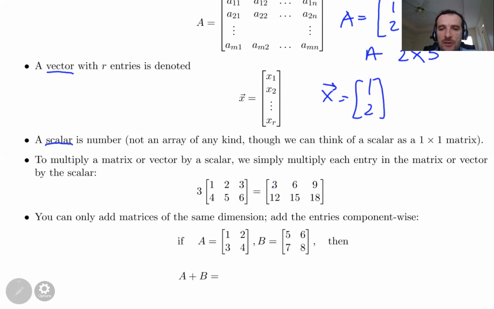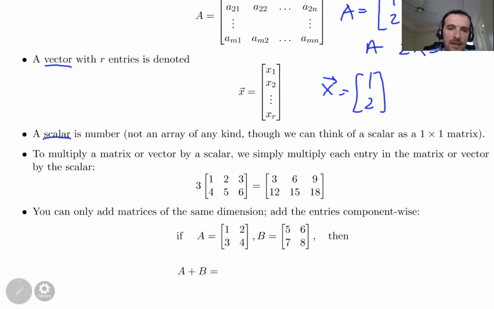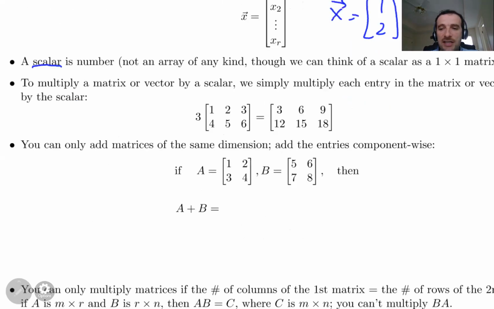So 3 times 1 is 3, 3 times 2 is 6, 3 times 3 is 9, and so on and so forth. And what about addition? Can we add matrices? The answer is yes, but it depends. We can add matrices only if they have the same dimension, okay? If they have the same number of rows and columns.